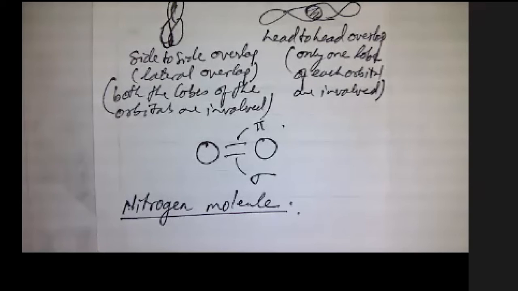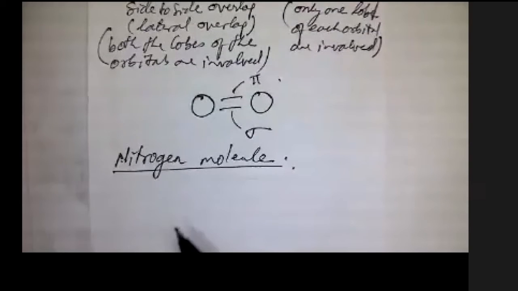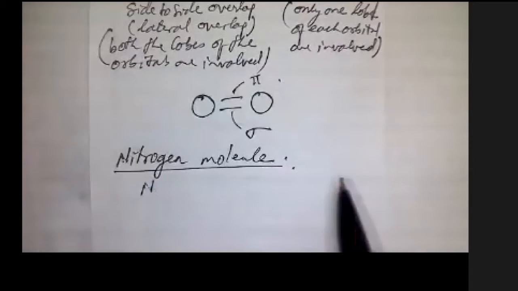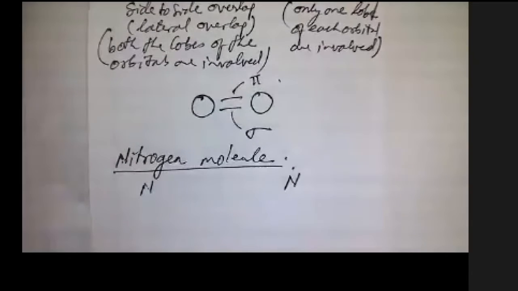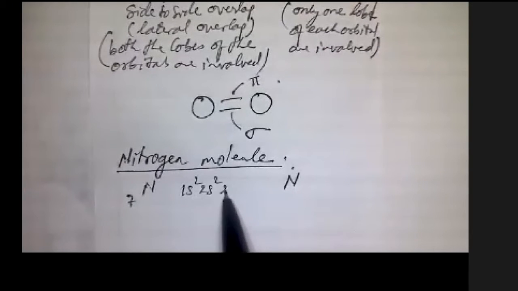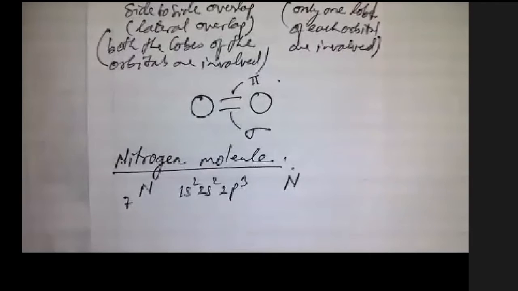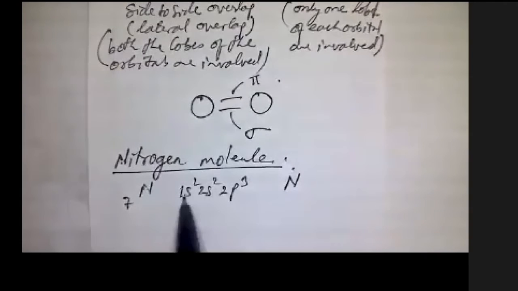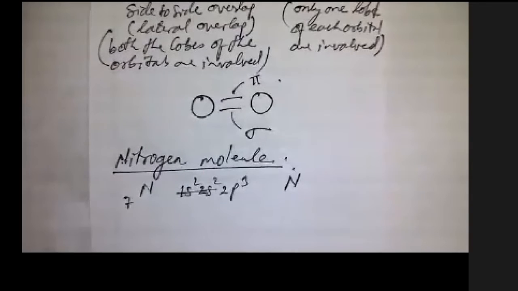Okay, nitrogen molecule, let's see now. If I say nitrogen, there'll be two nitrogens. Nitrogen is how much? 7. So what is the configuration? 1s2, 2s2, 2p3. Isn't it? So 1s2, 2s2 is filled up. We need only this.